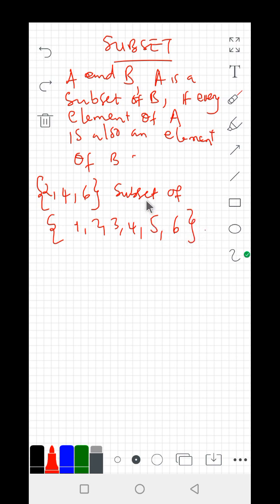Now, when we are dealing with subsets, we can have a proper subset. So let's define a proper subset.